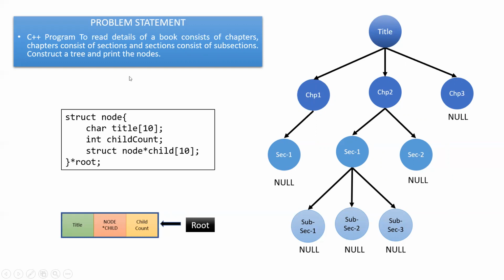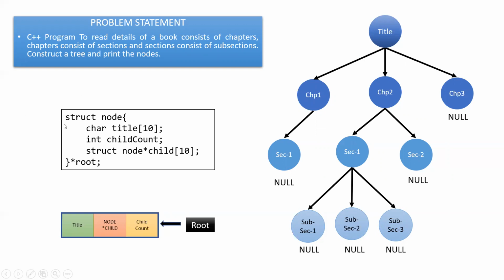As we want to implement this problem statement related with this general tree, the variables in the structure are, like, I have taken a character array for accepting the title of the book. Then I have taken one more variable, the child count, because for each node we want to calculate how many children we are going to attach.